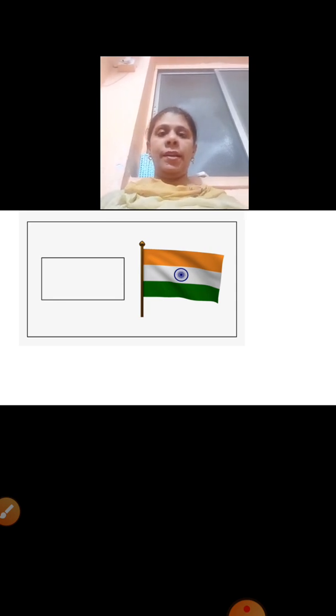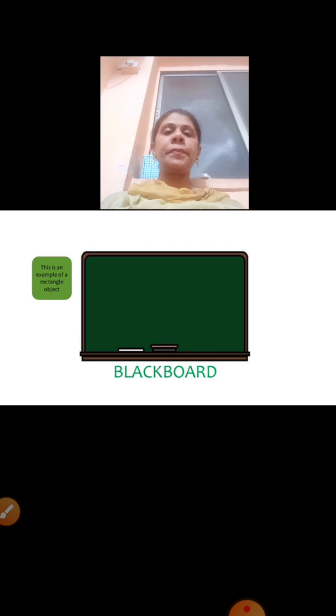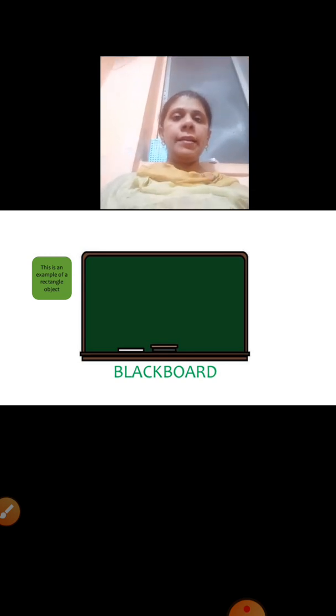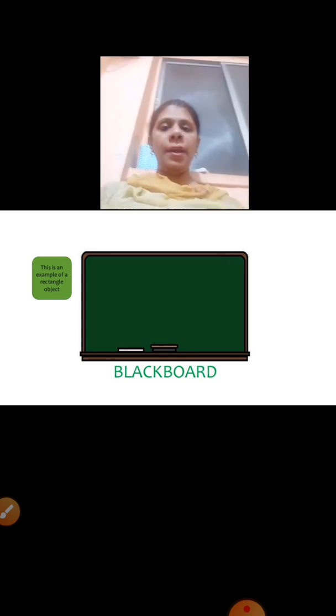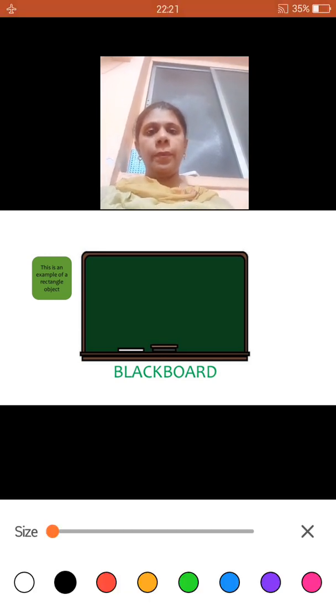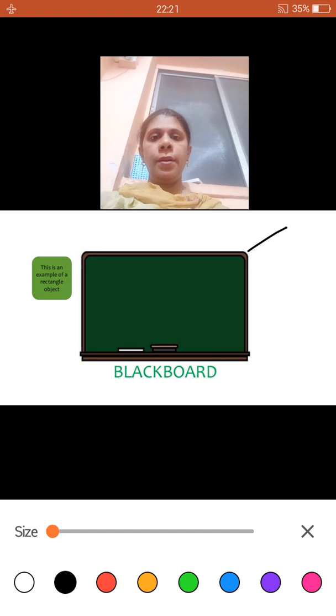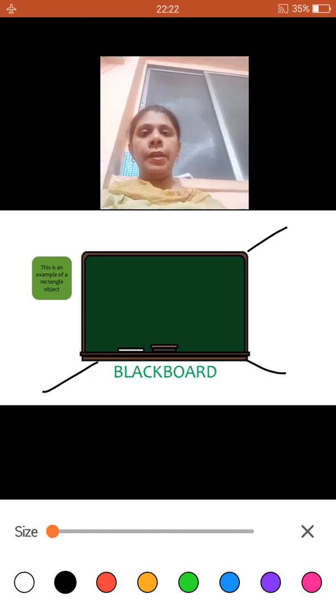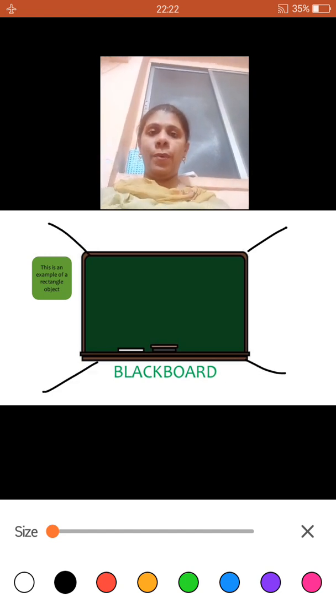Okay? Now let us see the next. What is this? It's a blackboard. Now this is an example of a rectangular object. See here. It has how many sides? Count and see. 1, 2, 3 and 4.